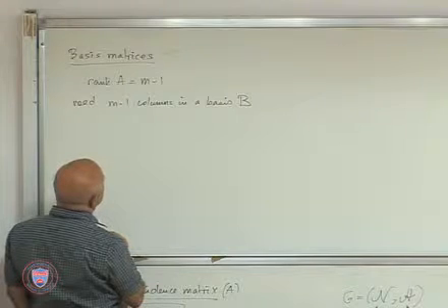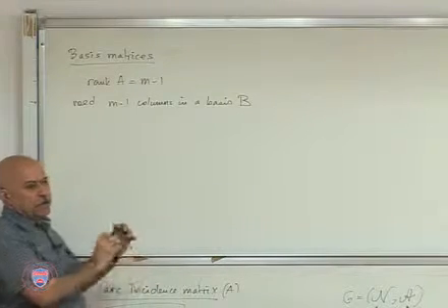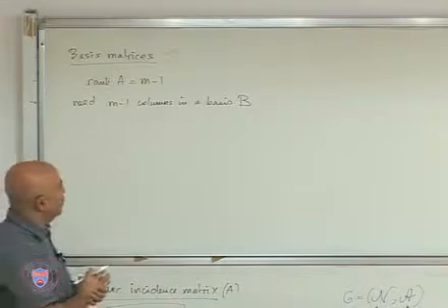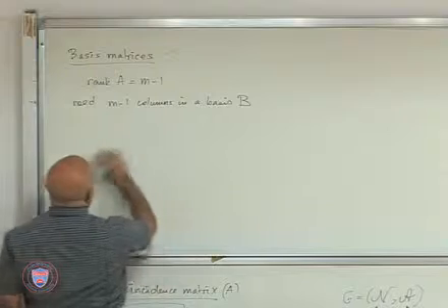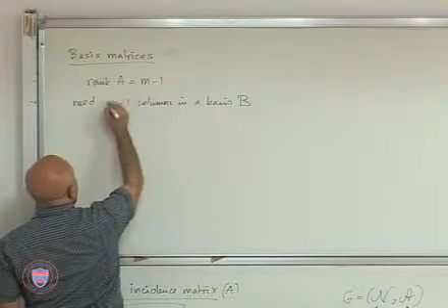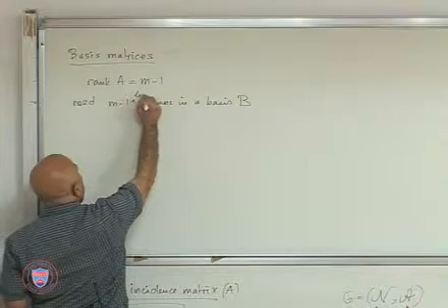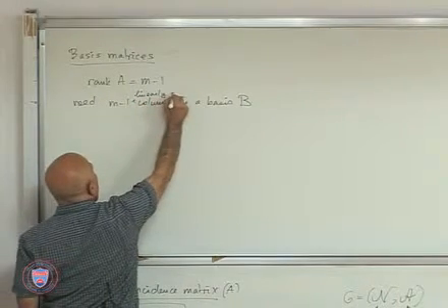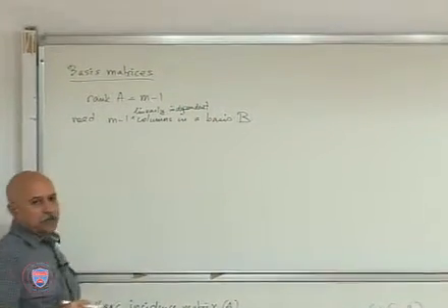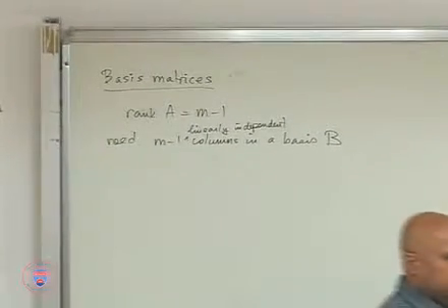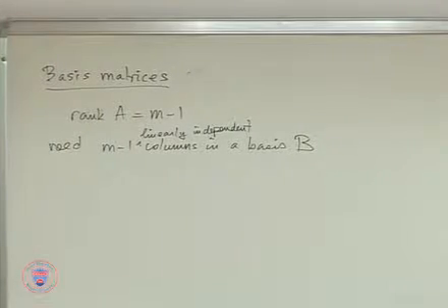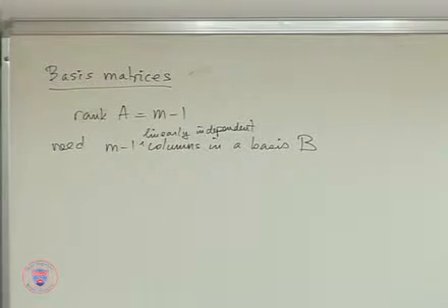And of course, because of the linear dependency among the rows, we're going to drop one of the rows. And these should be linearly independent. So I need to somehow make sure I have m-1 linearly independent columns in a basis. Why? Because the rank is m-1.